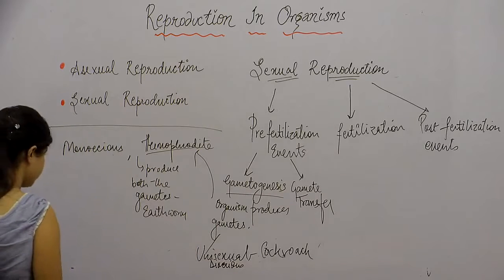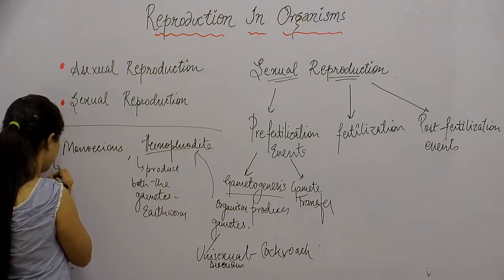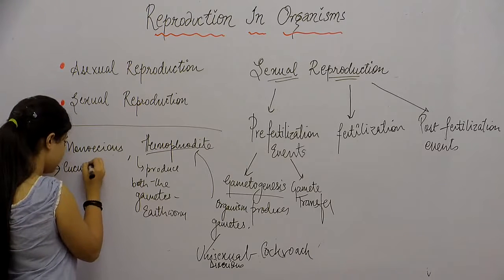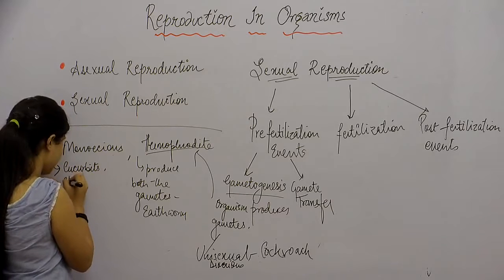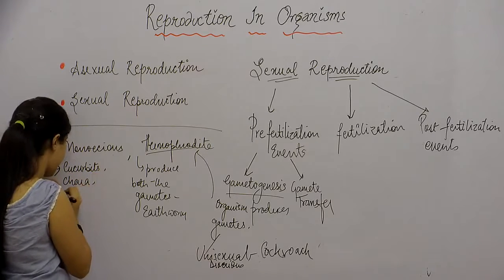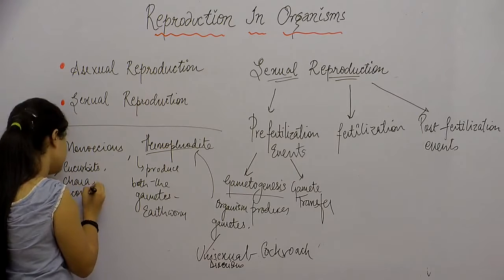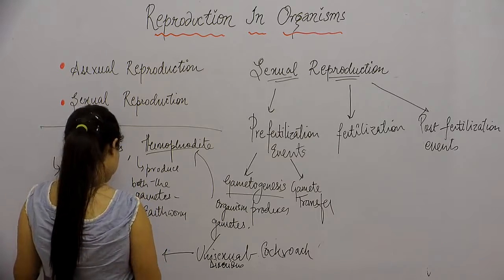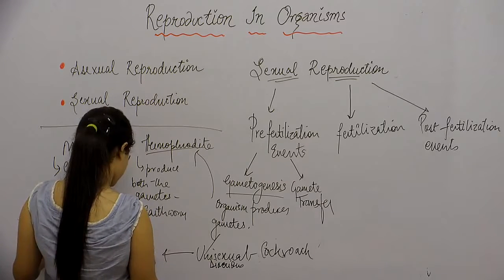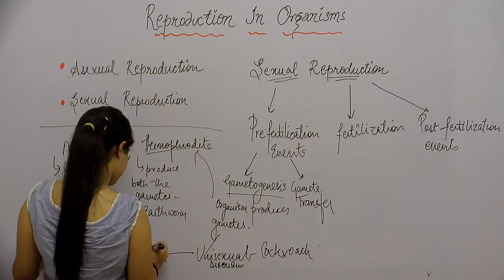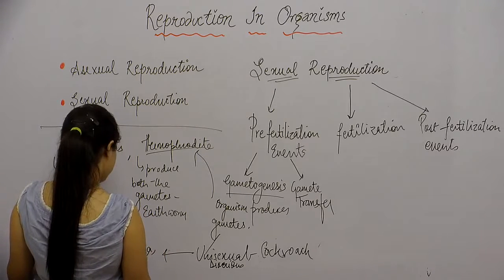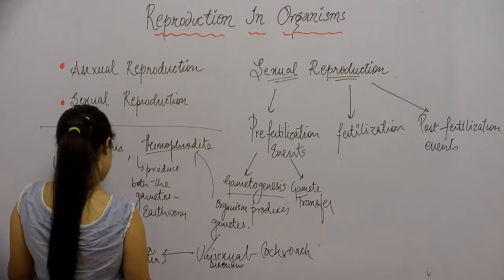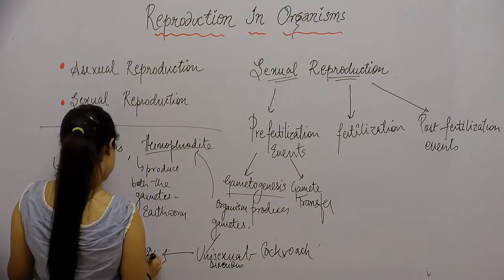Okay, so for plants we have the example of cucurbits, Chara and coconut under monoecious. And for unisexual or the dioecious plants we have papaya, Marchantia and the date palm.